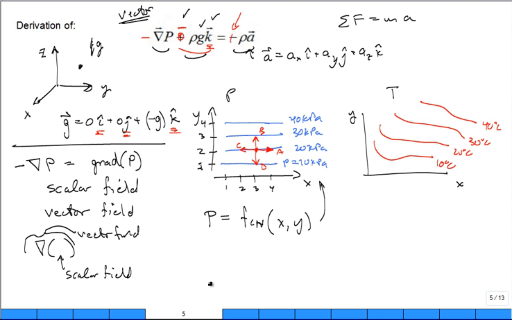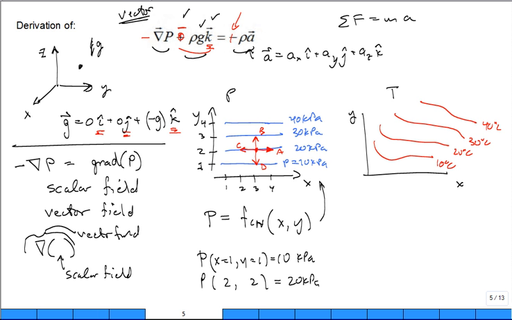All right. But somebody put over here, to be helpful, they said, well, the pressure at x equal to 1, y equal to 1 is 10 kPa. And the pressure at x equal to 2 and y equal to 2 is what? 20 kPa. That's true, you're evaluating at particular points.